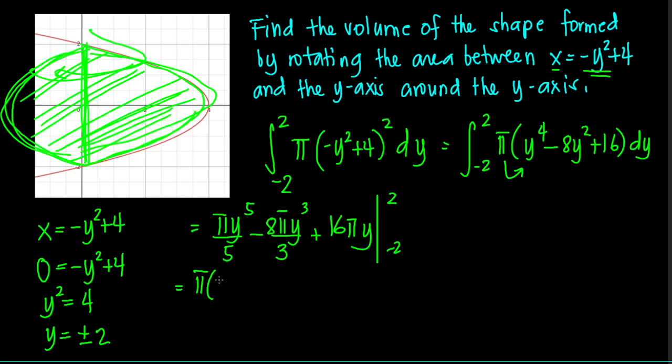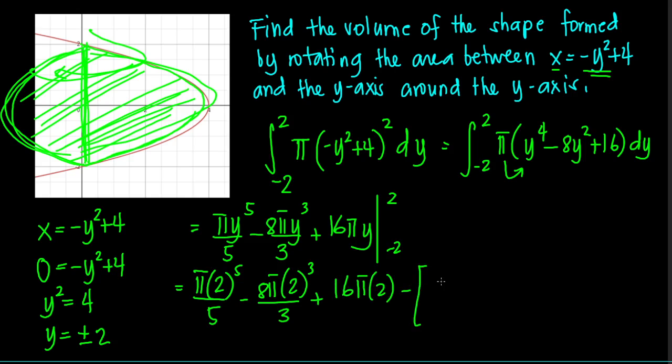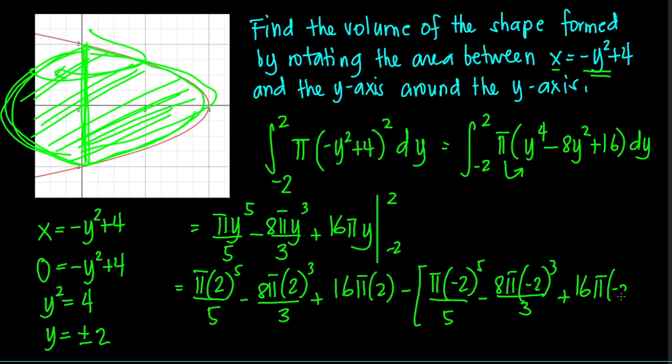So, pi times 2 raised to 5 over 5 minus 8 pi times 2 cubed over 3 plus 16 pi times 2, minus, put a bracket so we don't forget the sign, pi times negative 2 raised to 5 over 5 minus 8 pi times negative 2 cubed over 3 plus 16 pi times negative 2.